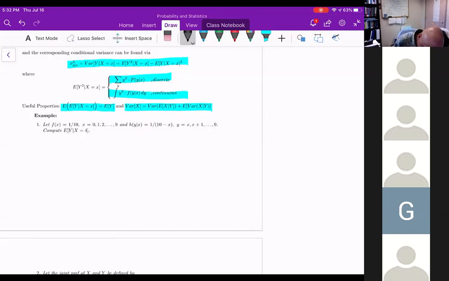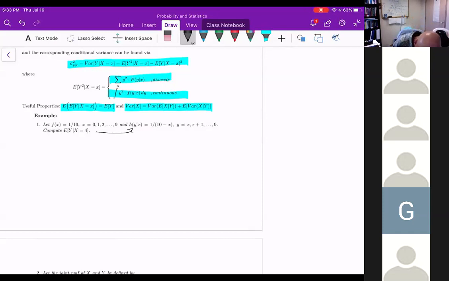So that's cool because that means that we need to know our conditional distribution, which happens to be given right there. So we already have that. And we're conditioning that x has a very specific value, and that value is 4.